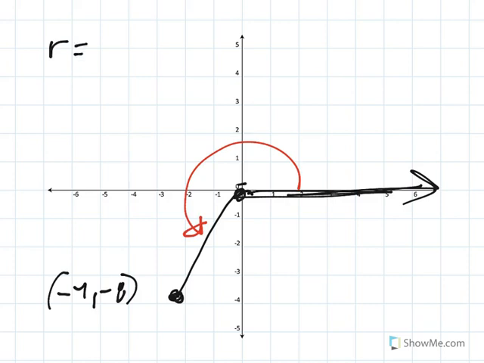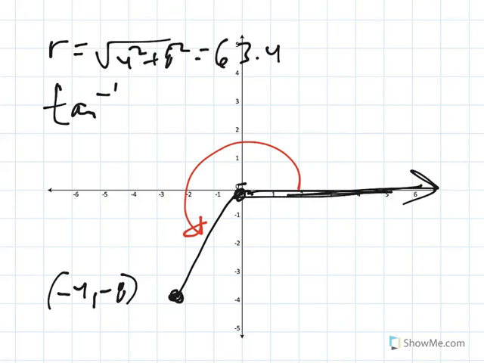Well, the r value is just the square root of 4 squared plus 8 squared, which is 8.9. And now, if I work out tan inverse, I'll say alpha equals tan inverse of 8 over 4. Not negative 8, negative 4, but just regular 8 over 4.